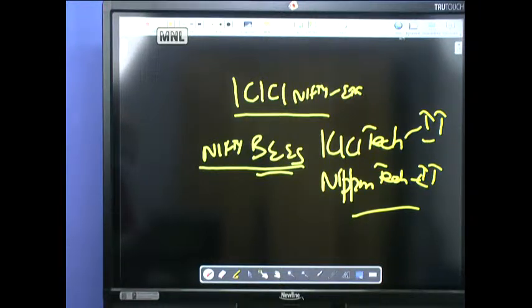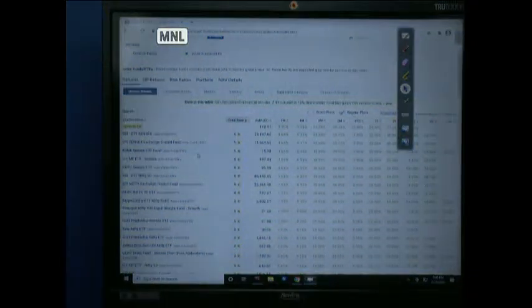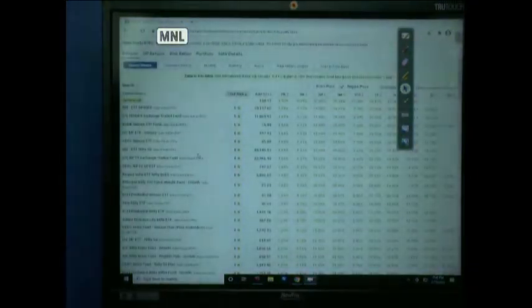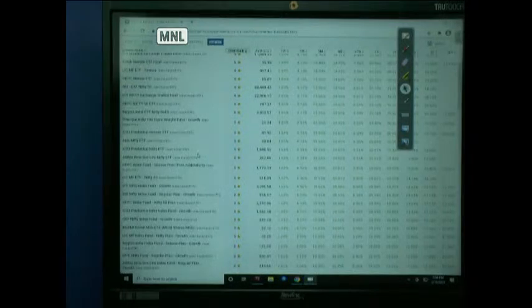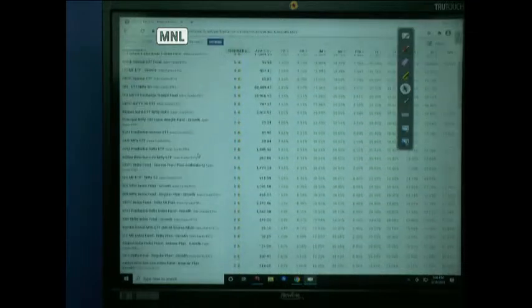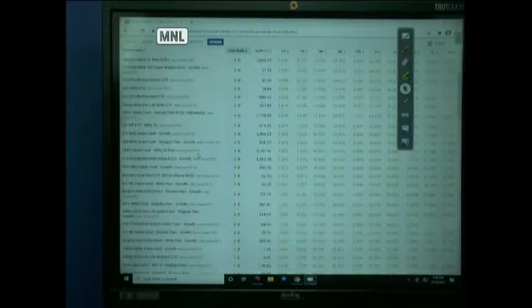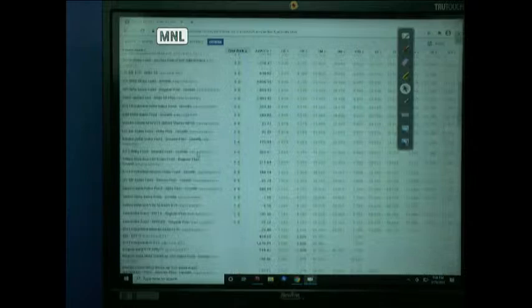Now I think the IT funds have not been shown here. So there is no particular IT fund coming.